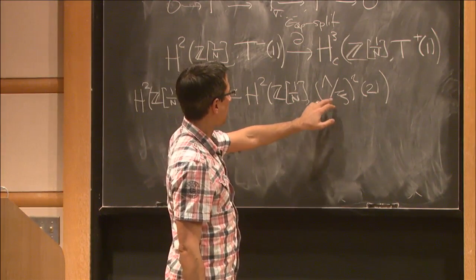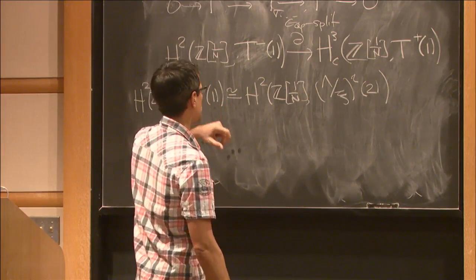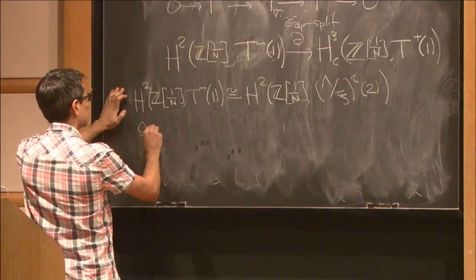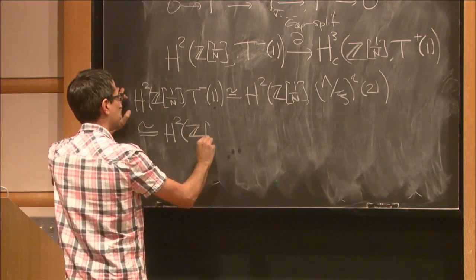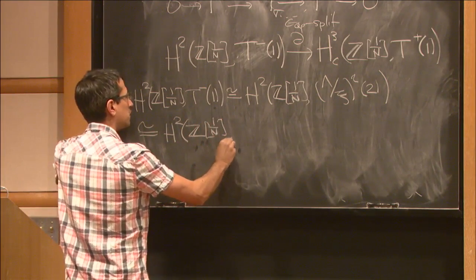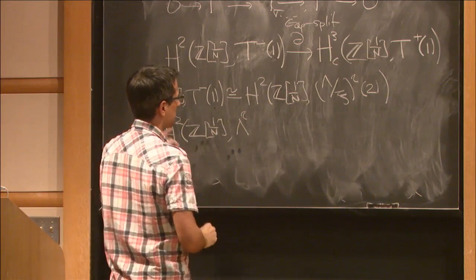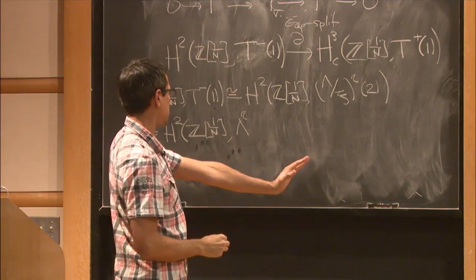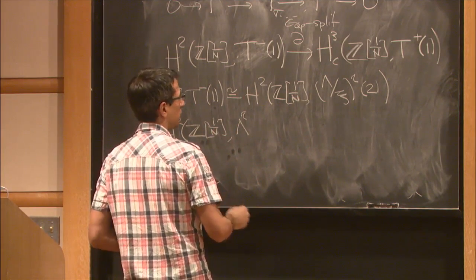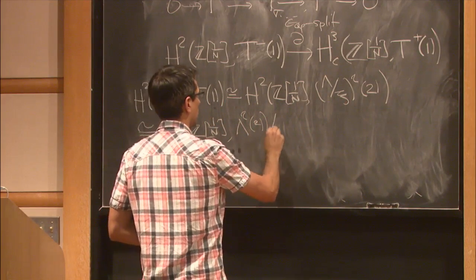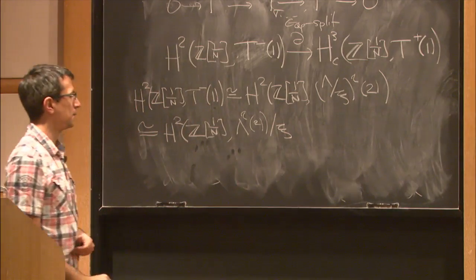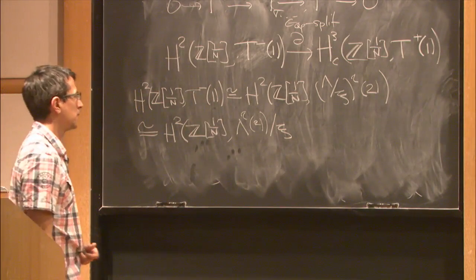The first thing to note is that because we have cohomological dimension 2, I have an exact sequence, Lambda goes to Lambda goes to Lambda mod c, and that gives me an isomorphism between this group and H2 mod multiplication by c on the group.